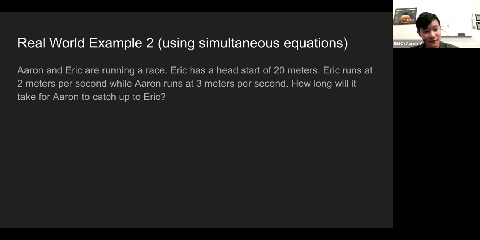Just try for yourself to find m and b. We know that m is the slope, and that will have something to do with how fast he runs. So how many meters per second does he run? And b is the starting point. So where does Aaron start?